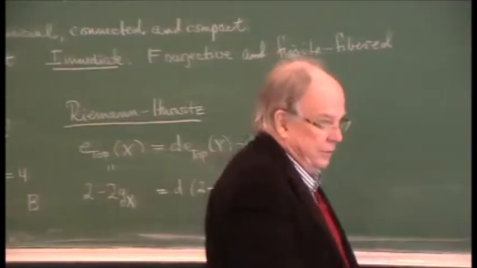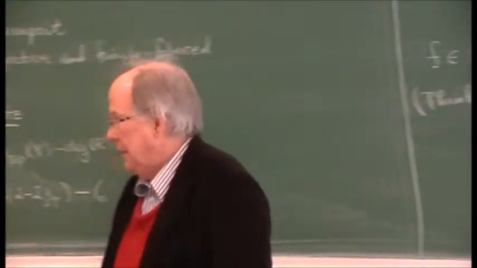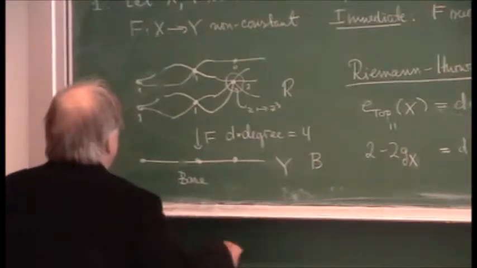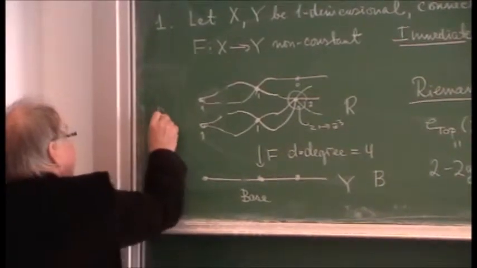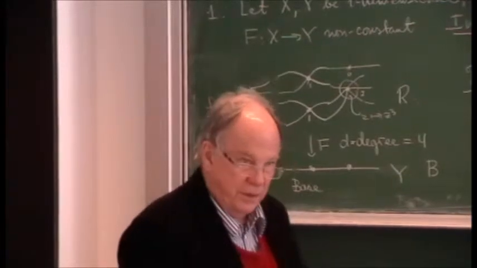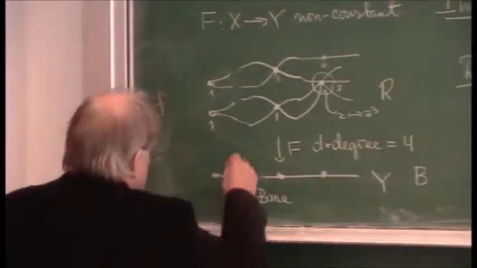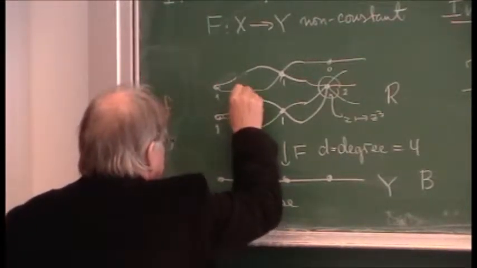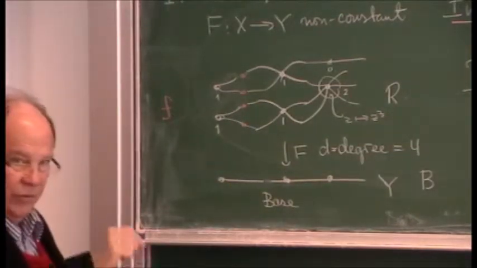Let us go to this picture. So let me do it in red up here. So f is red, so f is upstairs. It's a function upstairs, and it has a value here, a value here, a value here, and a value here. A priori 4 different values.